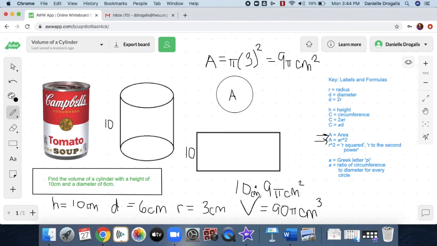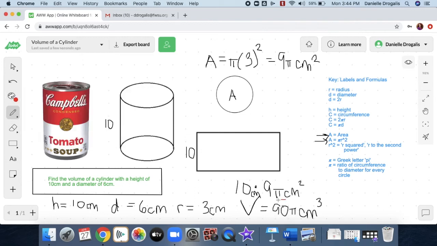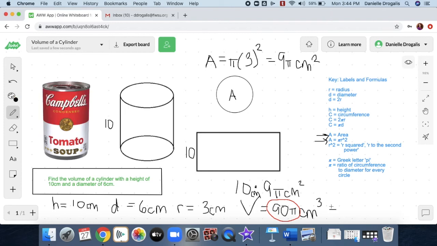So just like last time, now I would say let's take this 90 pi and plug that right into a calculator. So know where your pi button is. So I'm going to hit 90 pi, and I'm going to get a big number that needs some rounding. And so this is going to get us 282.74.